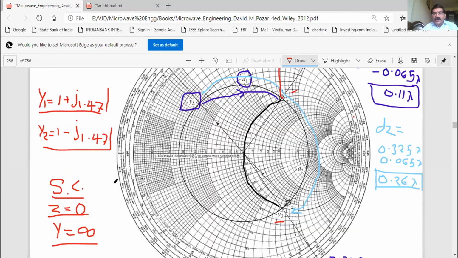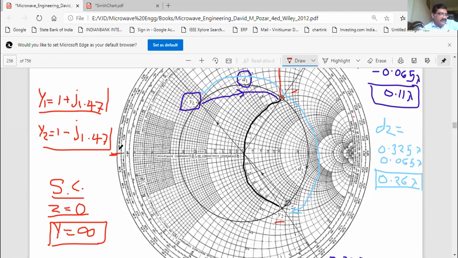Now, as we discussed previously, where is the reference? This is the Smith chart. We have to consider where is 0 and where is infinity. So this point is 0 or infinity? Quickly, this point.